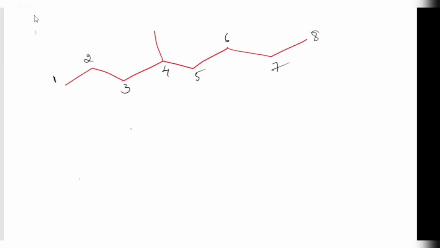But if I number from another end, I will represent this in yellow color: 1, 2, 3, 4, 5, 6, 7, 8. We can observe that the numbering I have given from this end in black ink is in the right order, and in yellow ink it is incorrect.